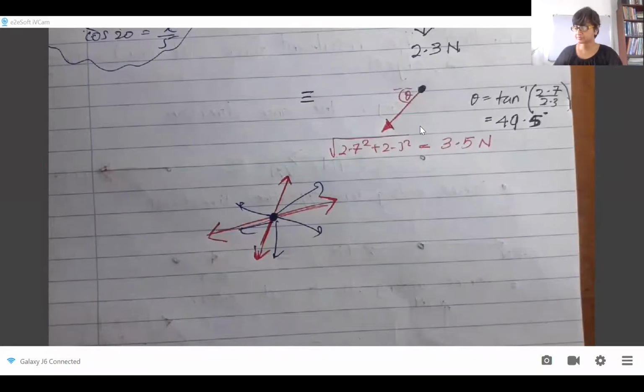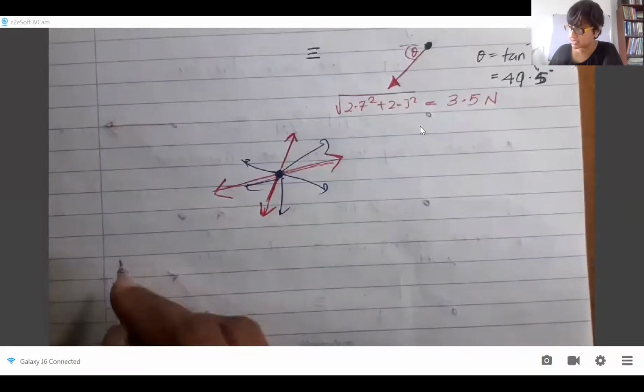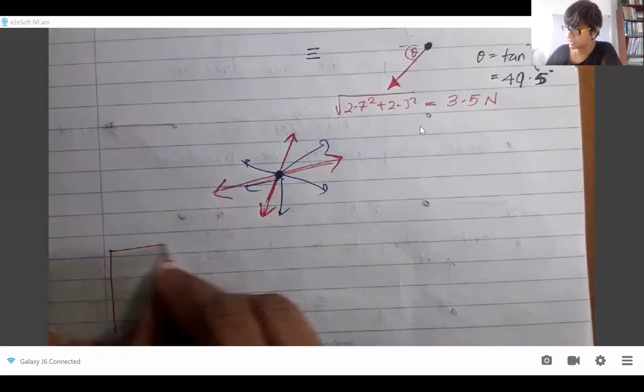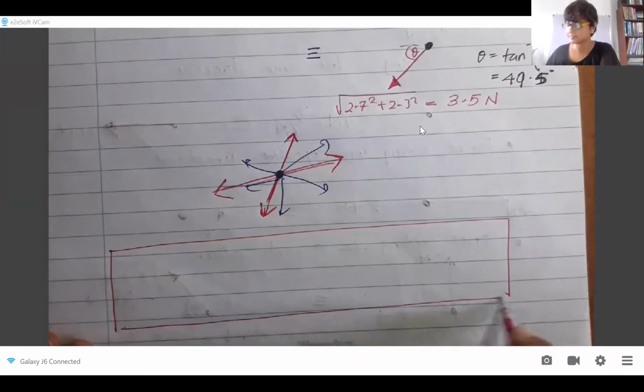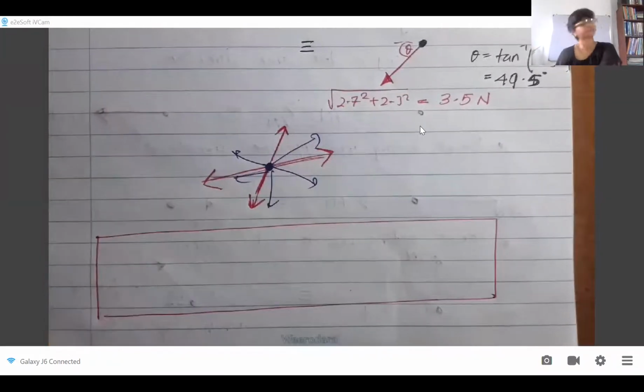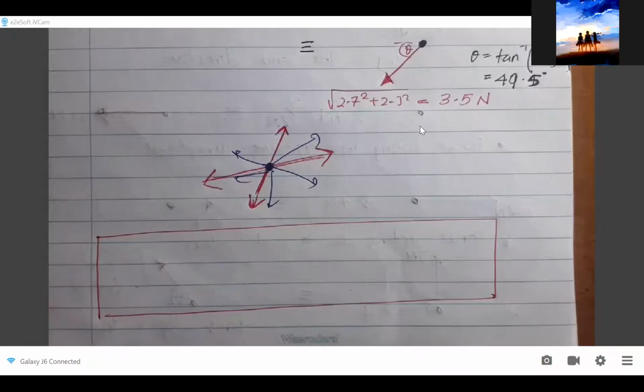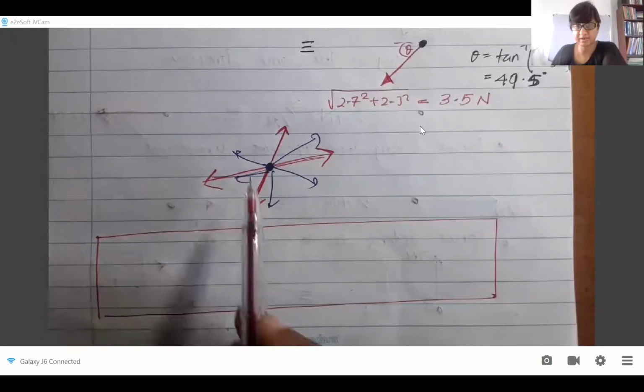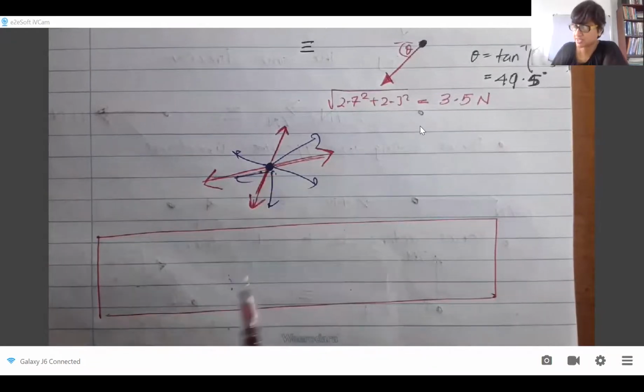Okay, so let's write this. I'm putting it in a big box like that. Let's write this result. I'm going to write in this red box.